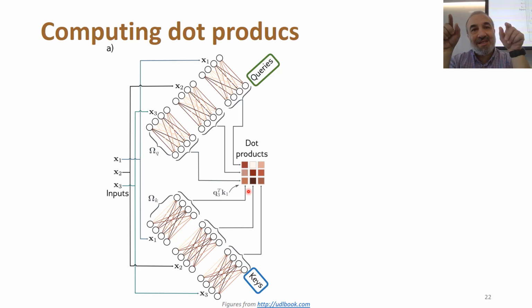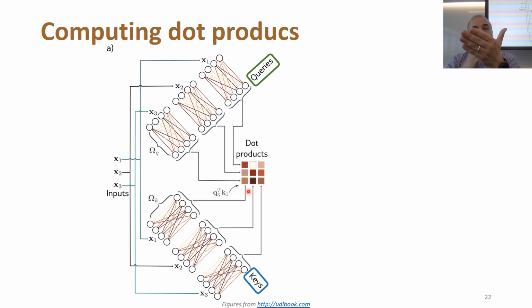Now what is the size of that matrix? Now it's 3 by 3. But in general, if I have n words, it's n by n, because for every word we will have a value vector, a key vector, and a query vector.